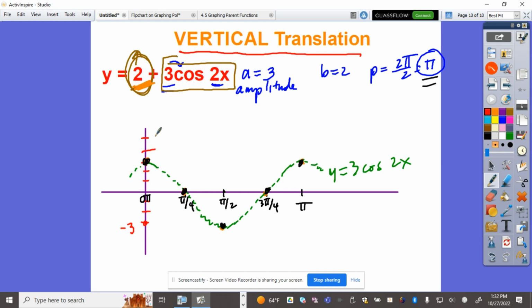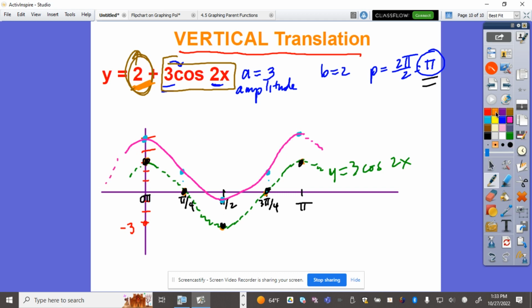So 1, 2. This will go up by 2. Let's say this is the blue one now. Go up by 2, 1, 2, 1, 2, same level. There you go. So now the graph of our problem is this cosine curve here. Boom. And that's the one cycle.